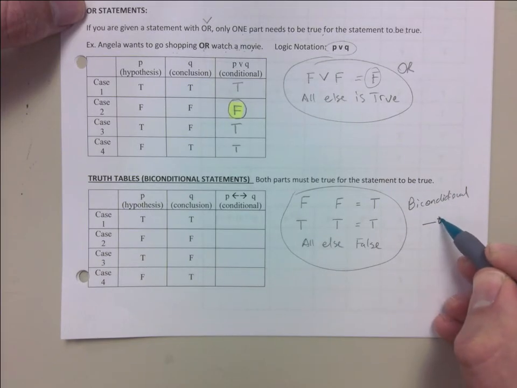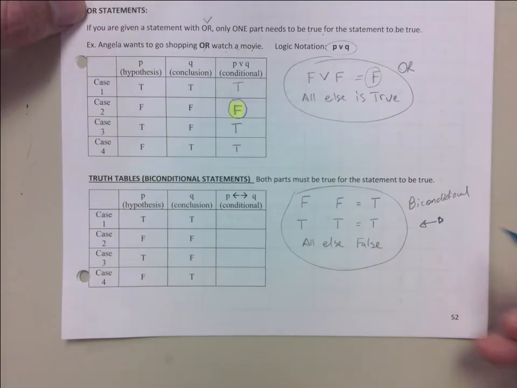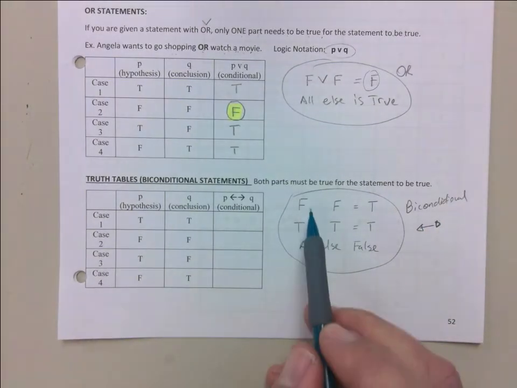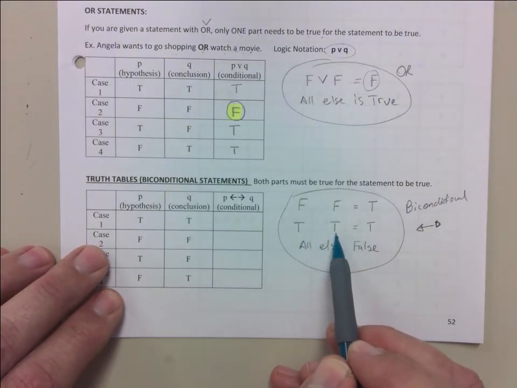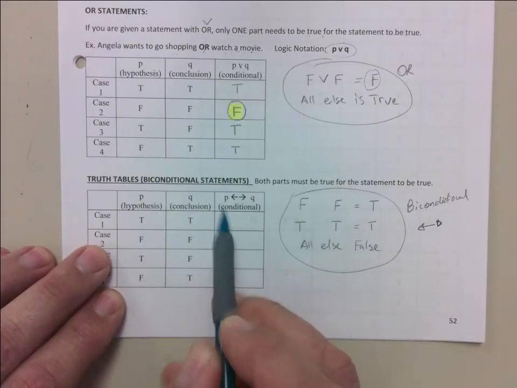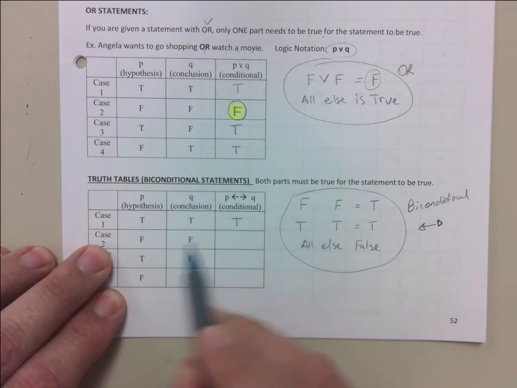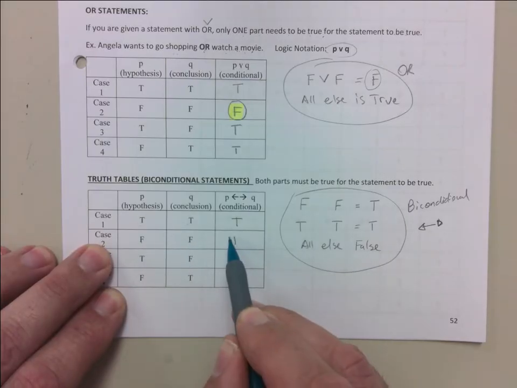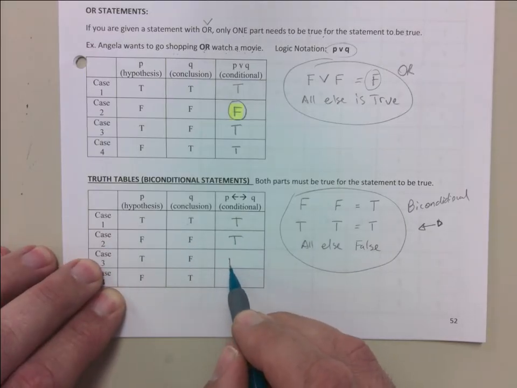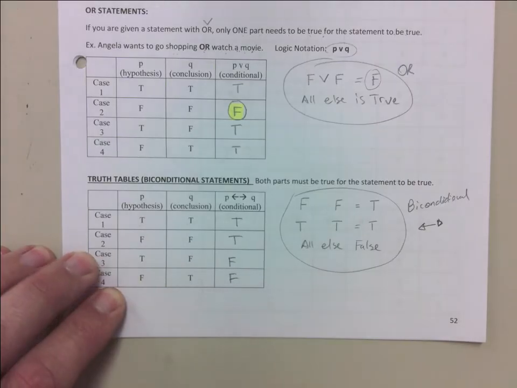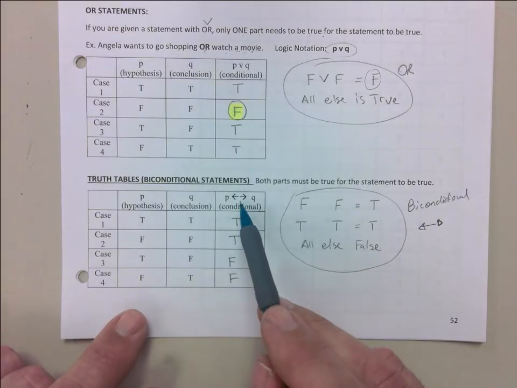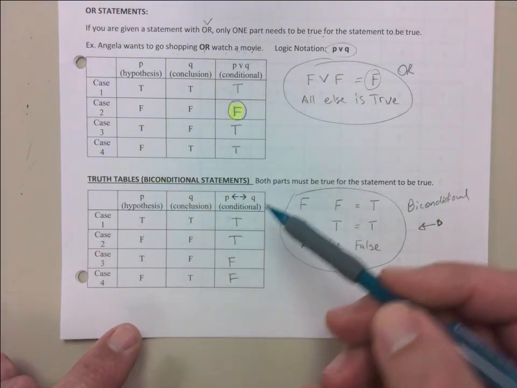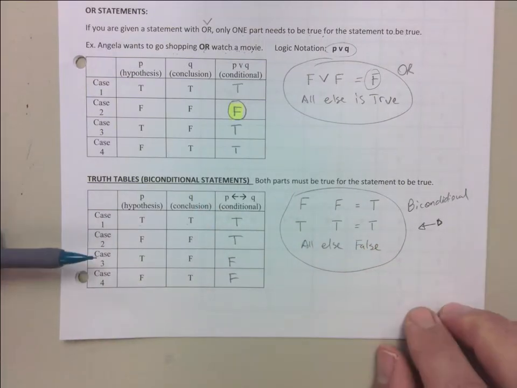So it's basically when you have a statement like this, the only time you're not lying is when both parts are false or both parts are true. So true, true, if it's a biconditional, this would be your true statement. False, false, that would also be your true statement. Everything else is false. I mean, it's half and half, right? And the reason being, if you think about it, biconditional, the arrow goes this way and this way. So let's look at case number 3.